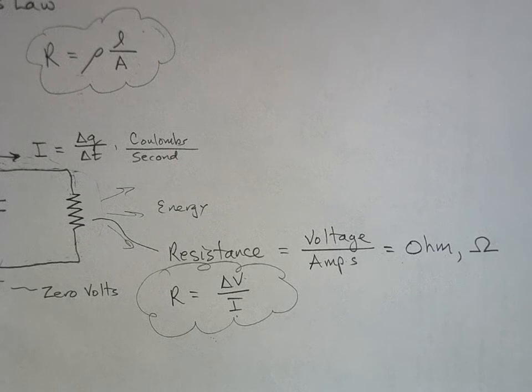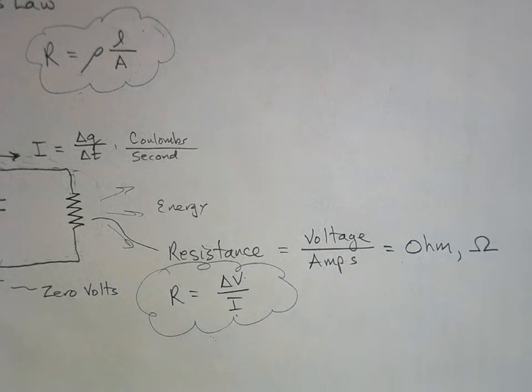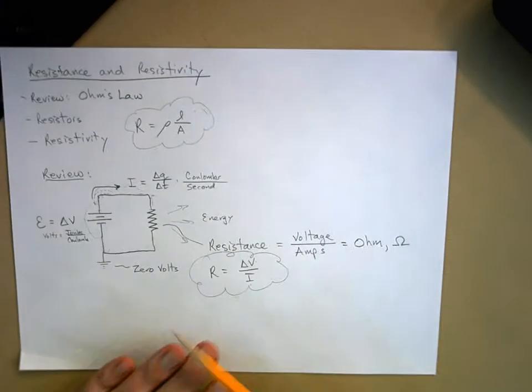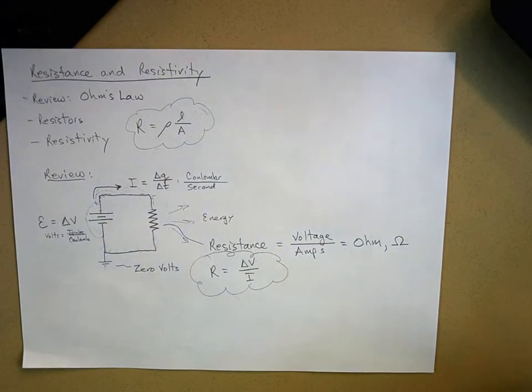Now, oh, I forgot to get some out. That's all right, I'll just show you from the book. We have these devices called resistors that I put into circuits. Let's say I want to control how much current a certain device is getting.